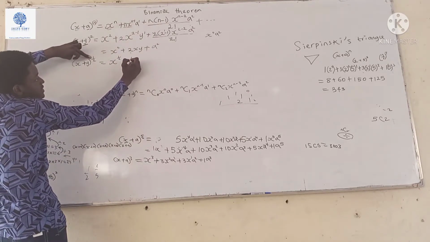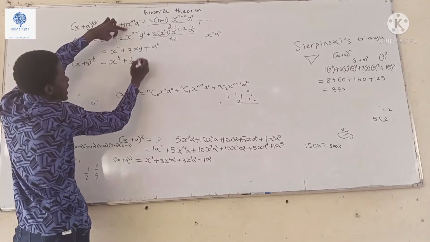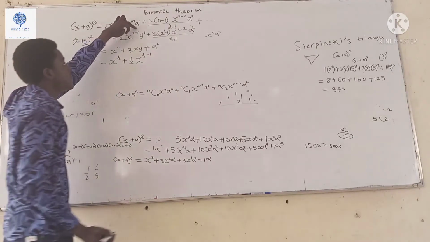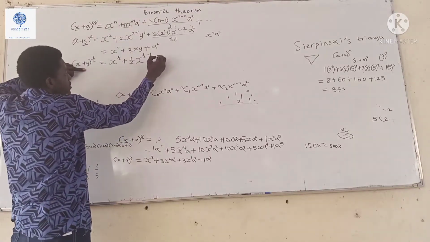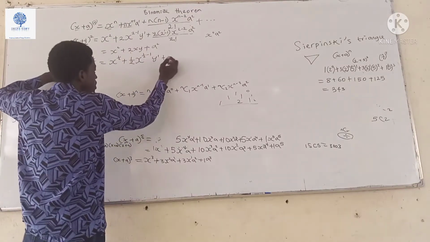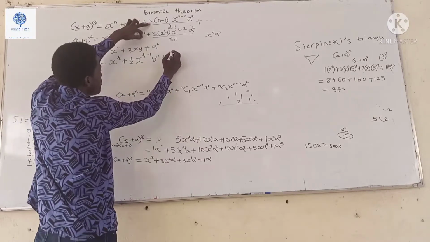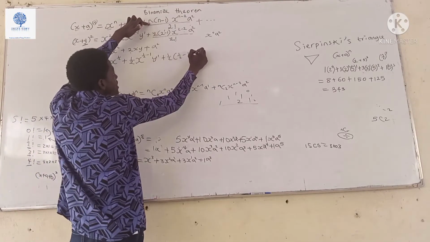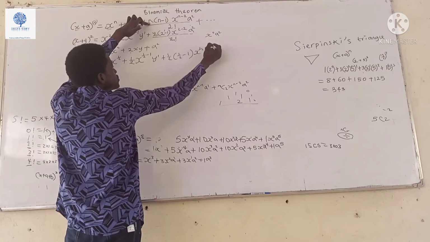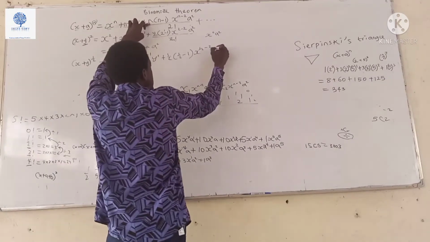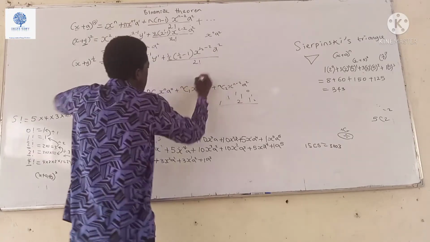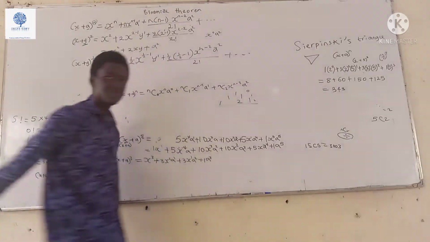Our n is 1 over 2. x to the power of 1 over 2 minus 1. And then our a is y to the power of 1, plus we have n, which is our power, 1 over 2 times 1 over 2 minus 1, x to the power of 1 over 2 minus 2, and then a to the power of 2, all over 2 factorial plus dot dot dot.